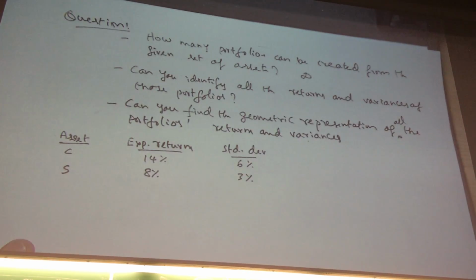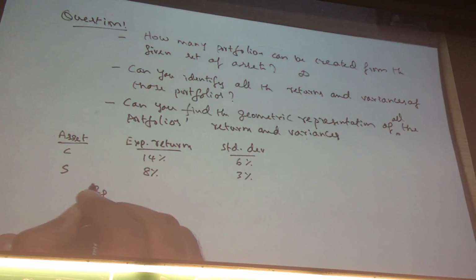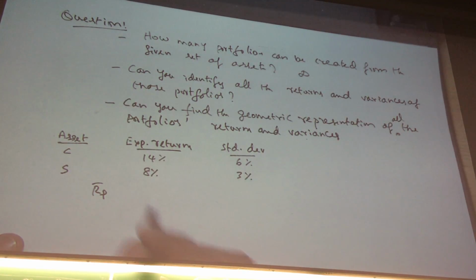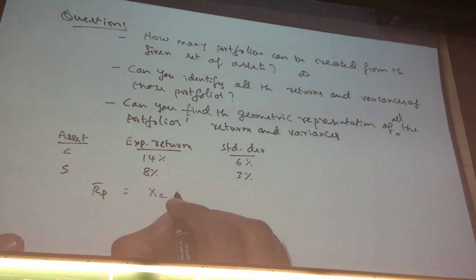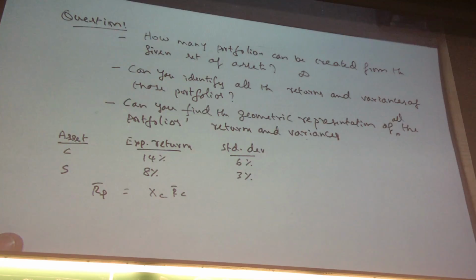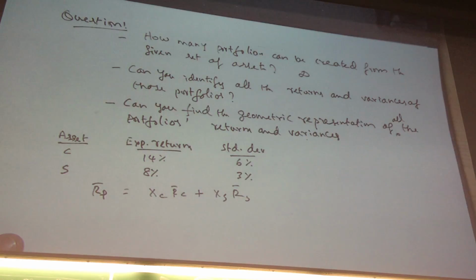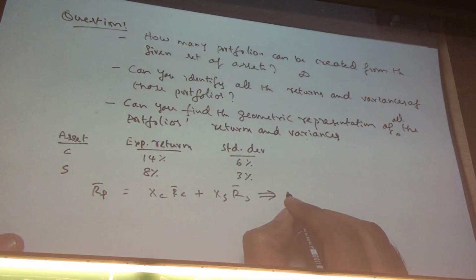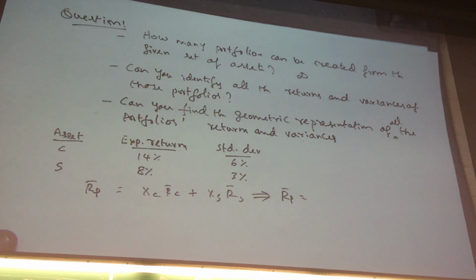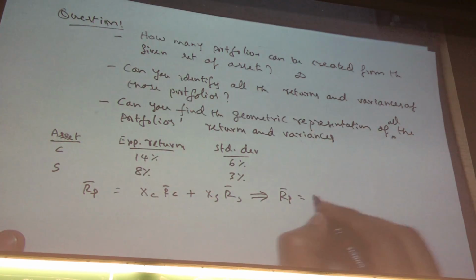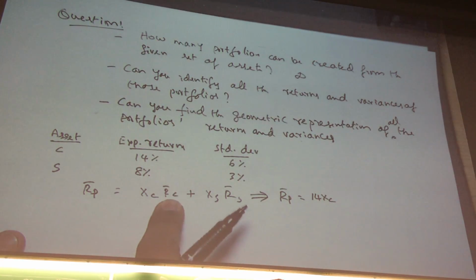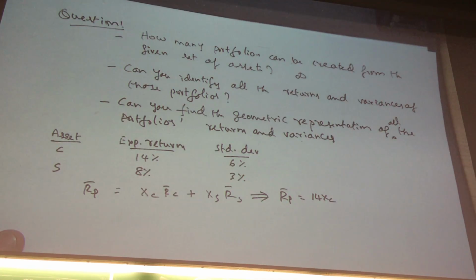So returns from the portfolio, easy. This is the weight that you have assigned to stock C and the expected returns from stock C, plus the weight that you have assigned to stock S and the expected returns from S. So this implies your expected returns is equivalent to, RC value is 14, XC, because I would like to simplify the things by giving numerical values, otherwise everywhere you find some variables.